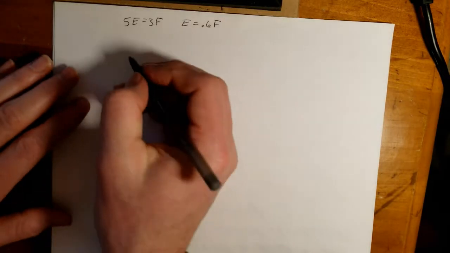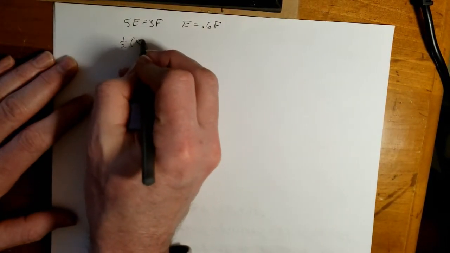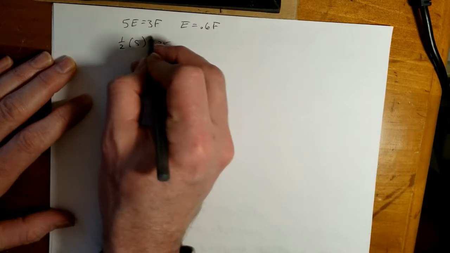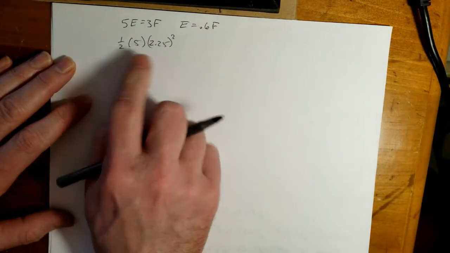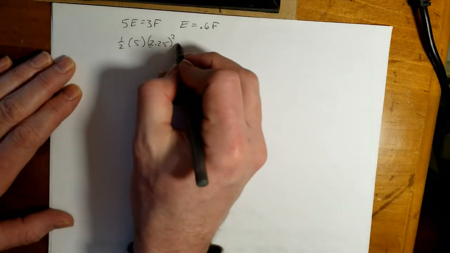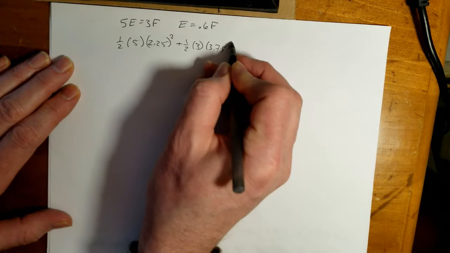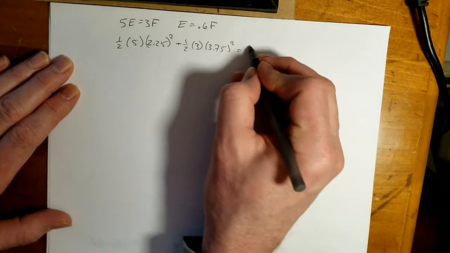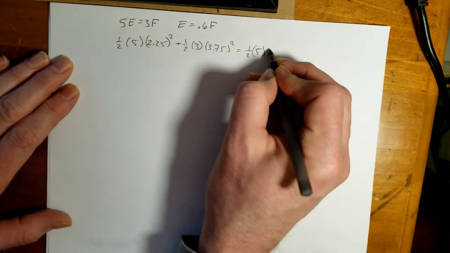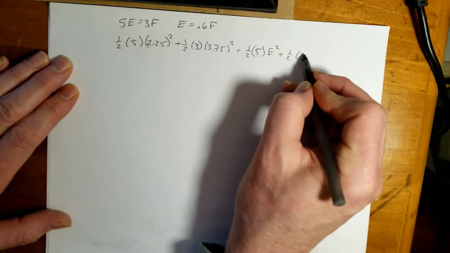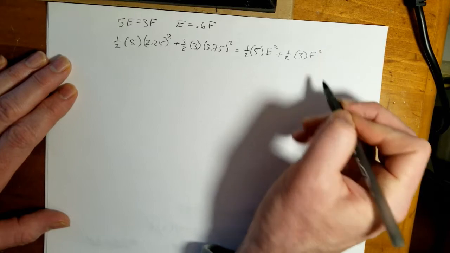From my energy point of view, I have 1/2 times 5 times 2.25 squared, all in the zero momentum reference frame, plus 1/2 times 3 times 3.75 squared, is equal to 1/2 times 5 times E squared plus 1/2 times 3 times F squared.